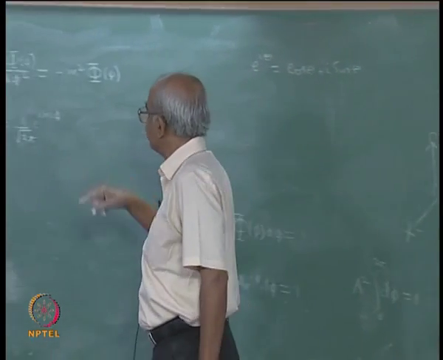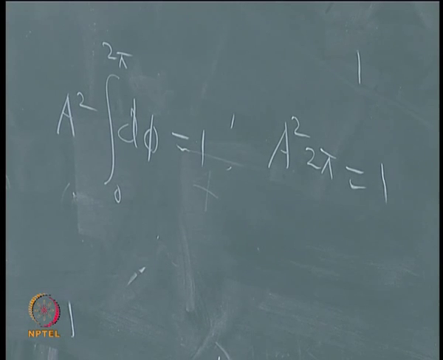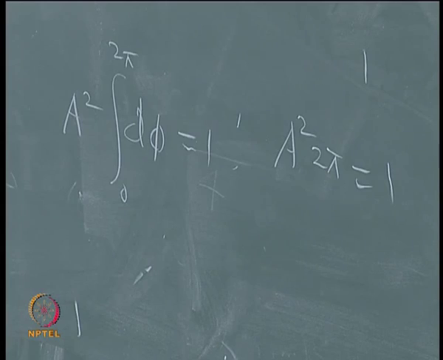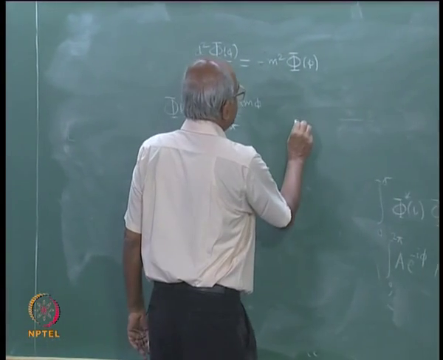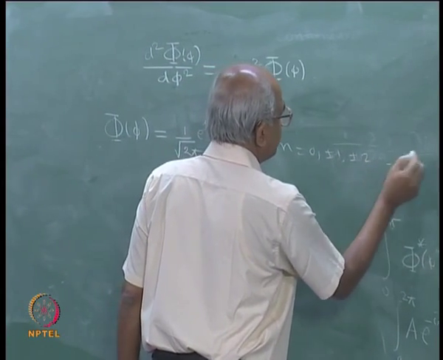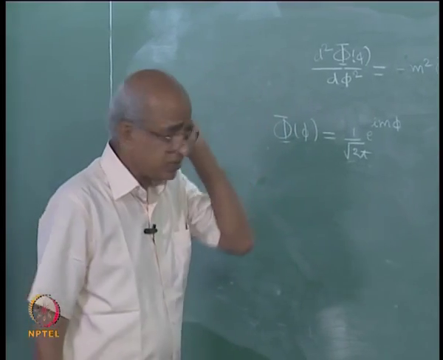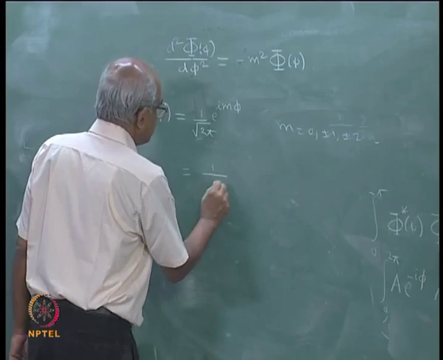So, 1 by square root of 2 pi into e to the power of i m phi is the solution. Now, this m can have the values 0, plus or minus 1, plus or minus 2, etc. Specifically, if you put m equal to 0, what is the answer that you get? You get just a constant.